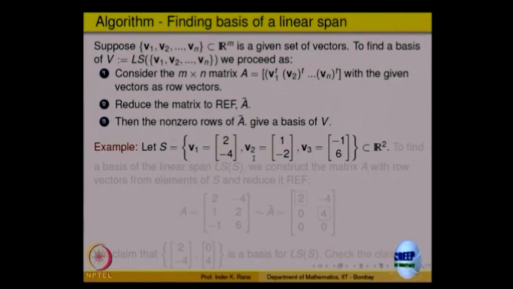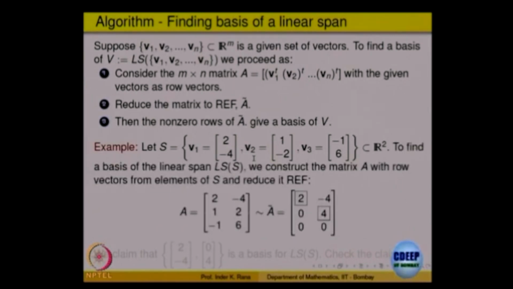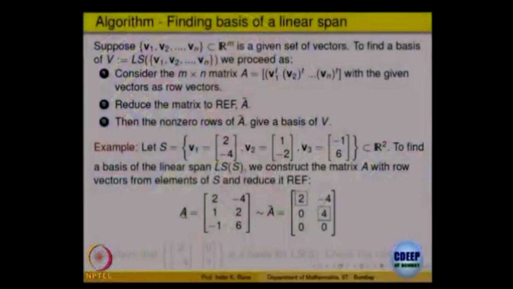So what I do, as I said, let us write that matrix A. What is the first vector? 2, minus 4. Our general convention is writing a column vector, but for this algorithm we write 2, minus 4 as a row. The next one is 1, minus 2.